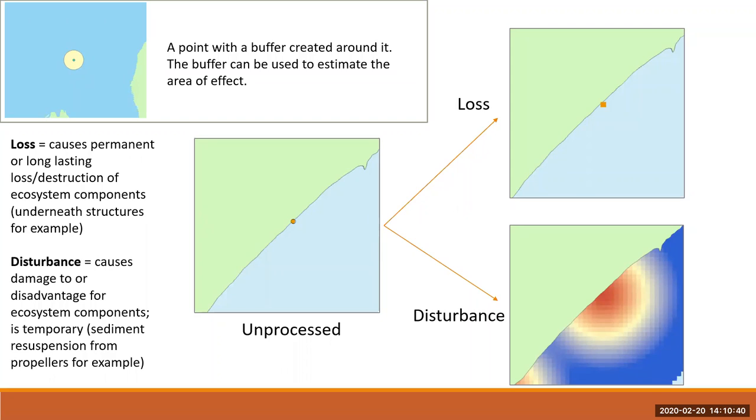And if you have a point, like you can see here in the upper left corner, one way of estimating its area of effect is to give it a buffer based on either attribute data or expert opinion.